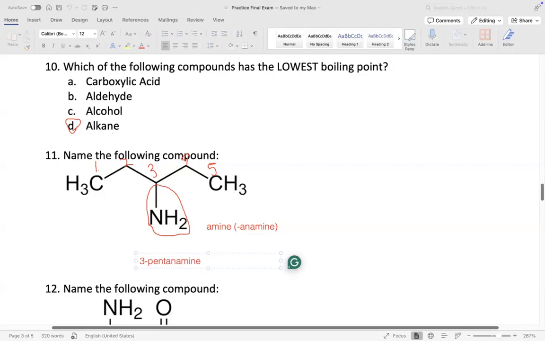So 3-pentanamine. My next step would be to tell the audience about the branches, but there happens to be no branches in this case. That branch that I circled is a part of our functional group. So we've already taken care of that with the suffix. All right. Any questions on number 11?